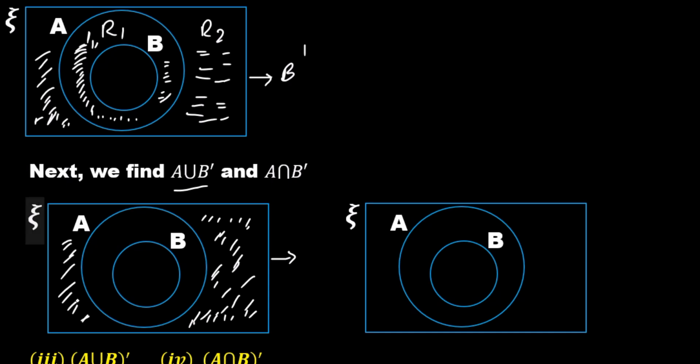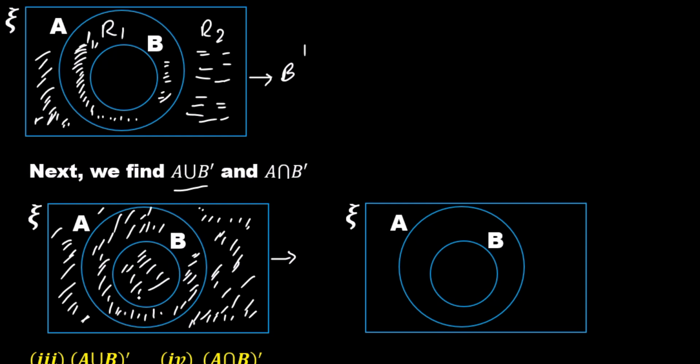This was my B complement. Now when you take its union with A, as A consists of this whole set that also contains set B, in case of A union B complement, we will shade every part here. So this is A union B complement here.